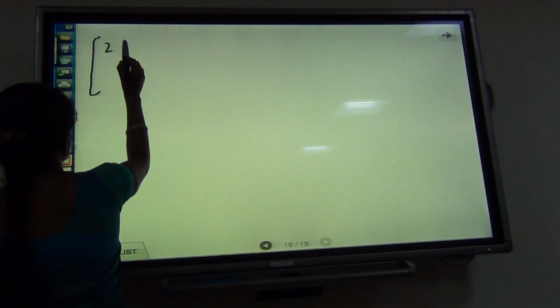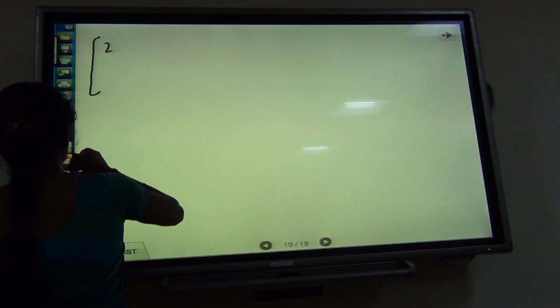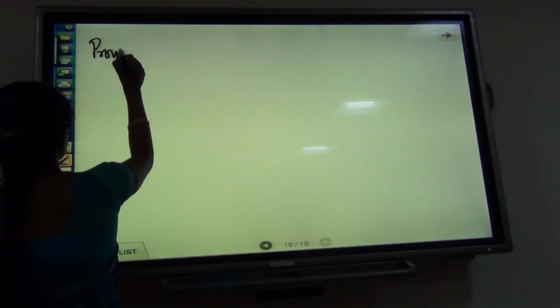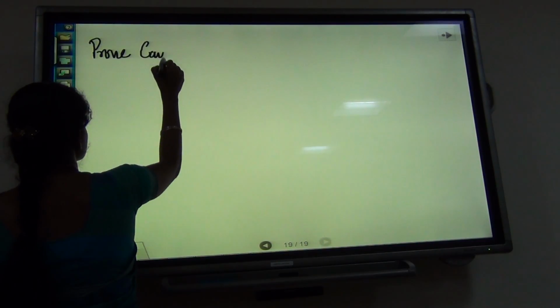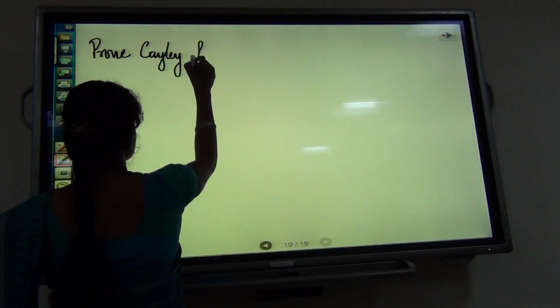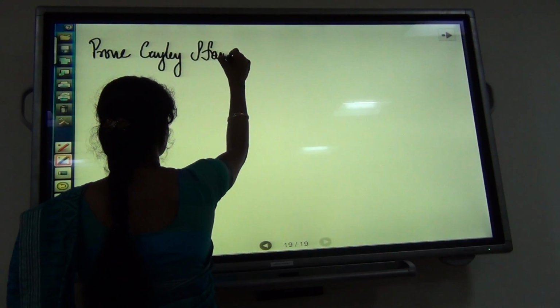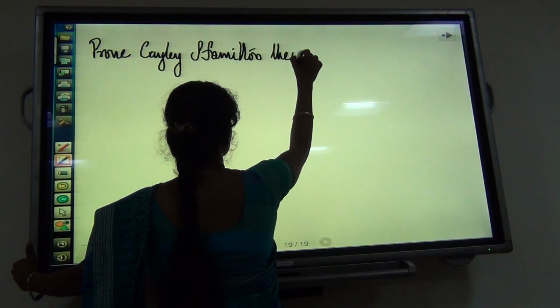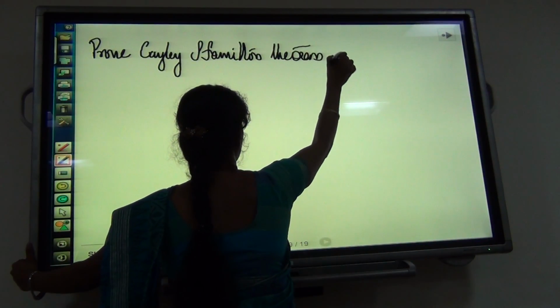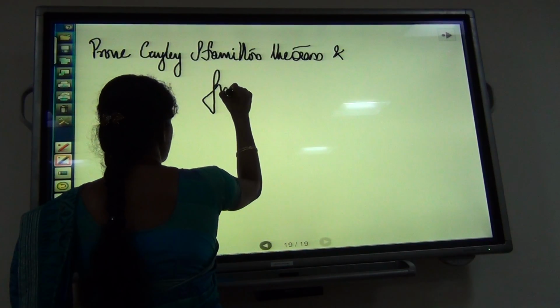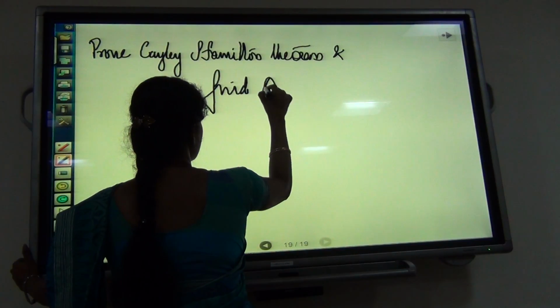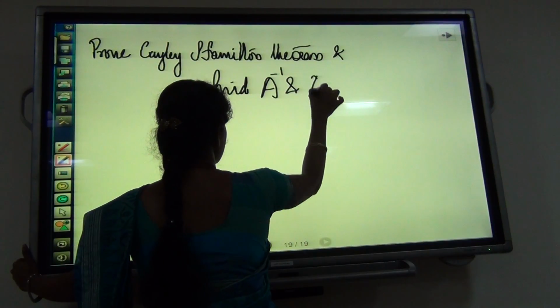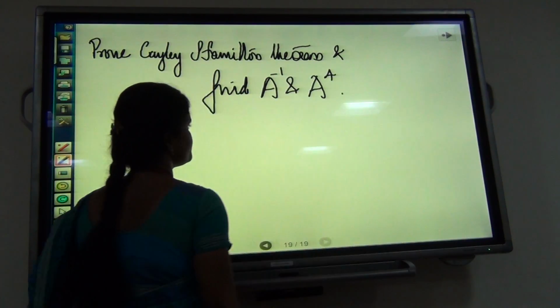Prove the Cayley-Hamilton theorem and find A inverse and A power 4.